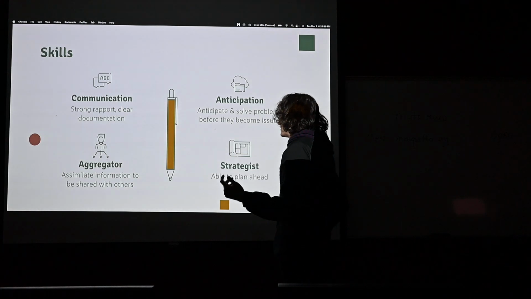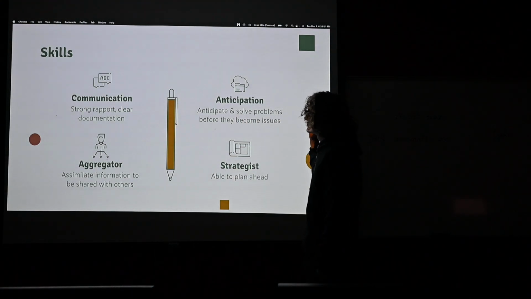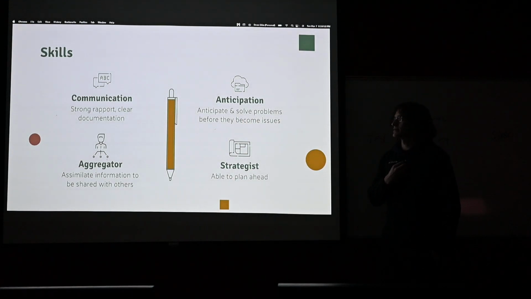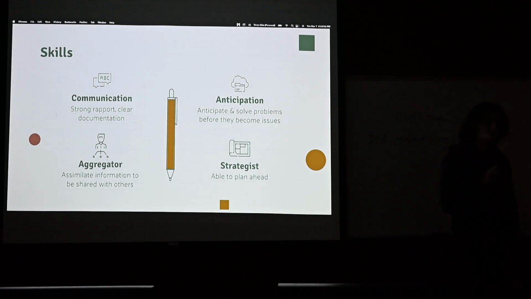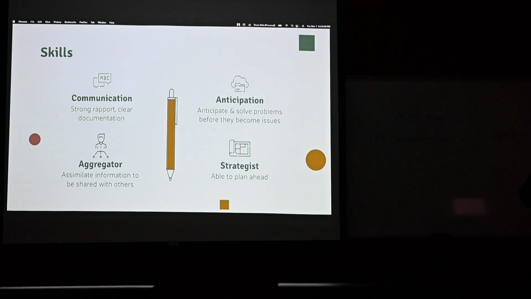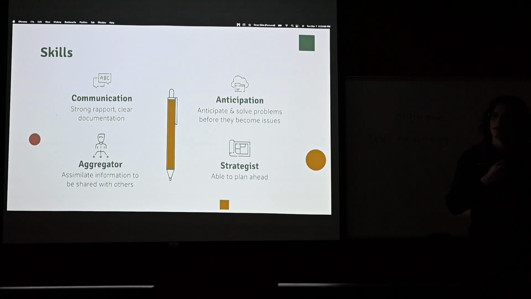Anyways, moving on. Anticipation, which I mentioned before, is being able to anticipate problems before they become real issues in the organization. This really just comes with planning around problems that have been seen in the past. This is something that comes a bit more with experience in technology. So this is a position that you probably couldn't look to straight out of college, but it's one that you could shoot for.